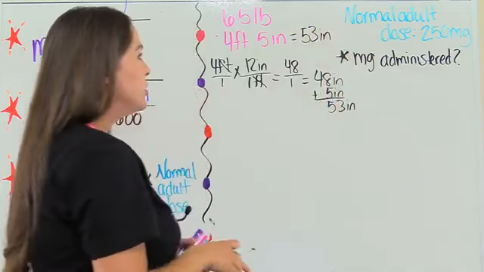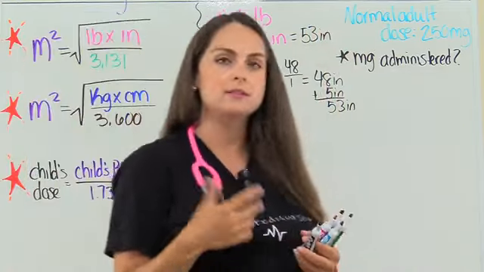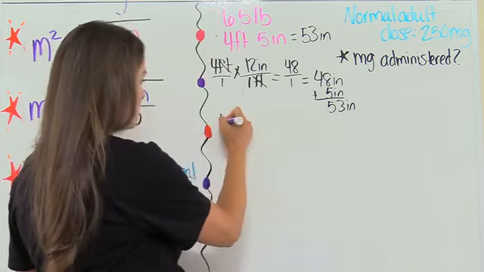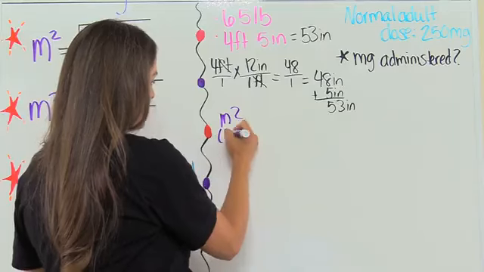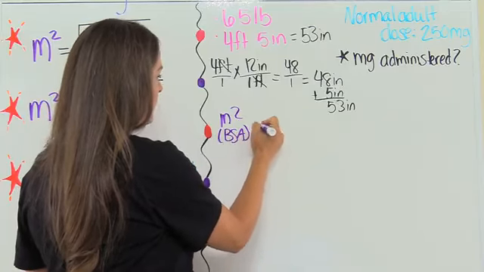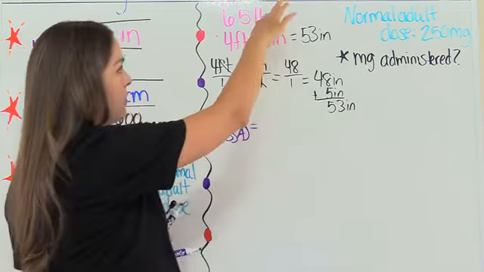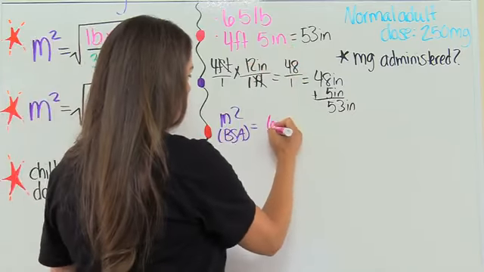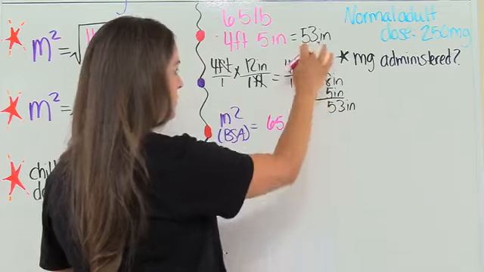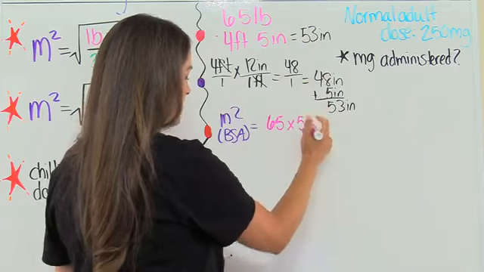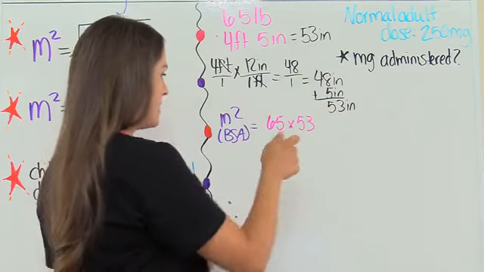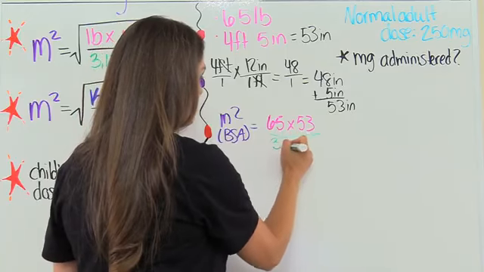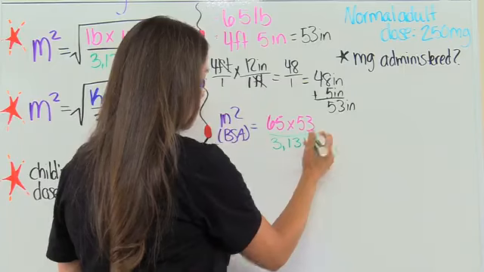We are now ready to use our body surface area formula to solve for it. So we know that this formula says square meter, that's our body surface area, equals the weight times the height. So 65 times 53 inches divided by that special little number, which is 3,131.